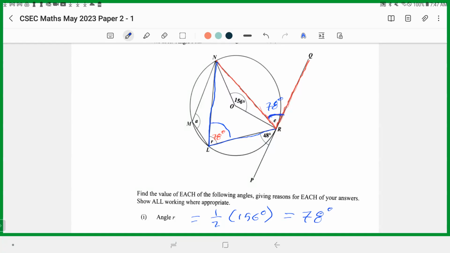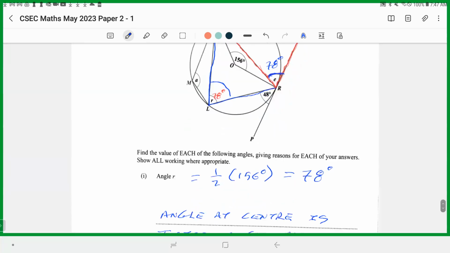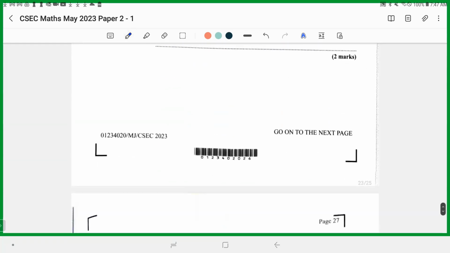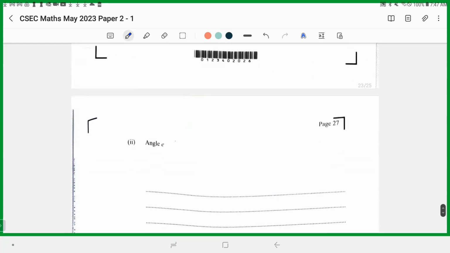So it's called the alternate segment rule. The angle subtended by that chord at the circumference up here is 78, so this angle therefore is the same 78 degrees. So this angle is equal to angle R.